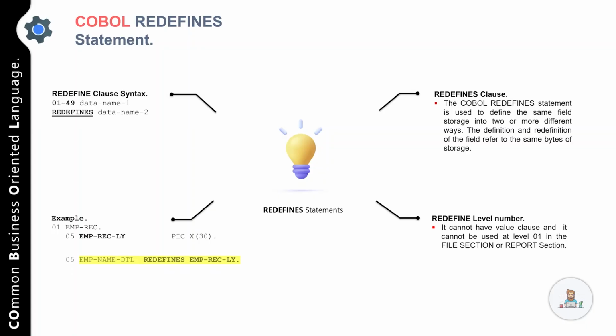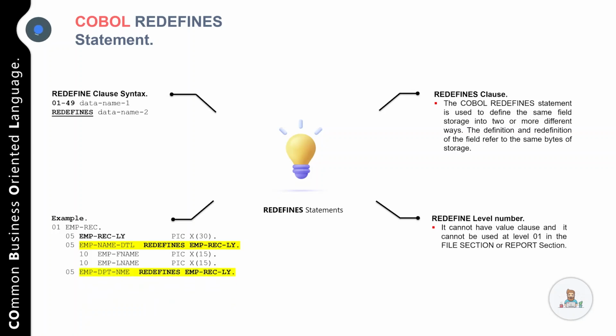This 30 bytes of storage is redefined as first name and last name by a group variable, EMPLOYEE-NAME-DETAIL, that redefines EMPLOYEE-REC-LAYOUT. Similarly, at the next level, EMPLOYEE-DEPARTMENT-NAME redefines EMPLOYEE-REC-LAYOUT once again into two different variables: EMPLOYEE-DEPARTMENT, which is X(10), and EMPLOYEE-ADDRESS, which is X(15).